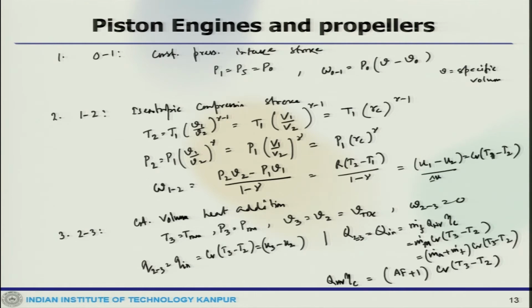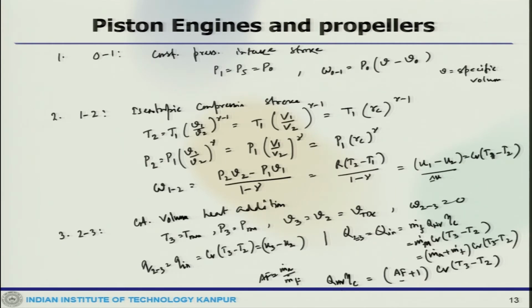Here QHV is the heating value of the fuel and AF is the air fuel ratio, which is m dot A by m dot F.